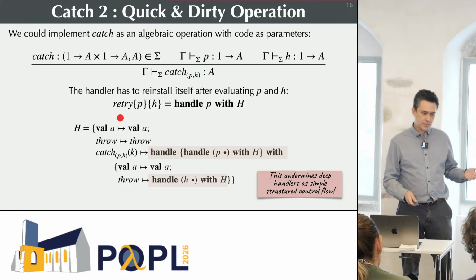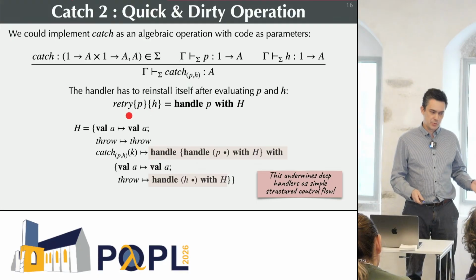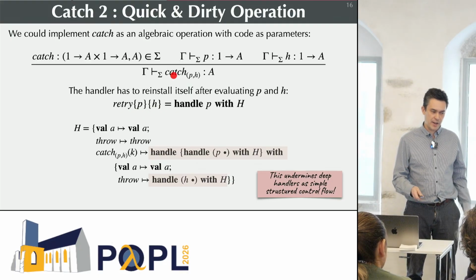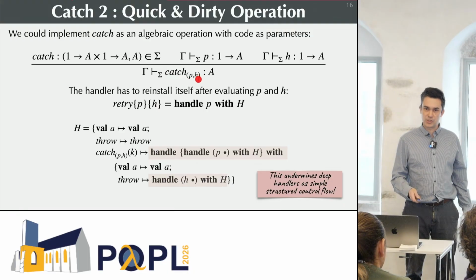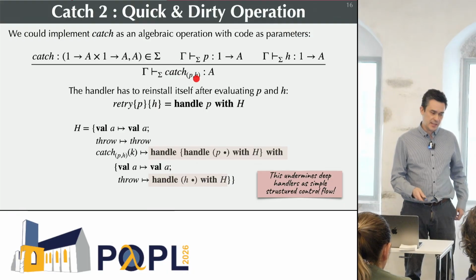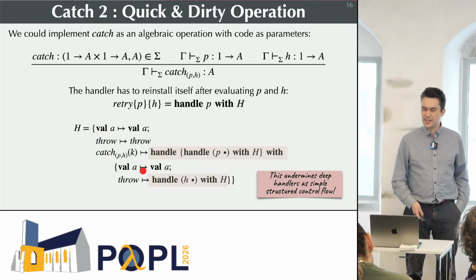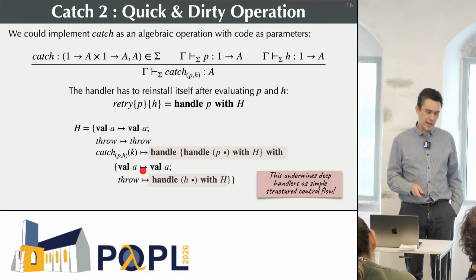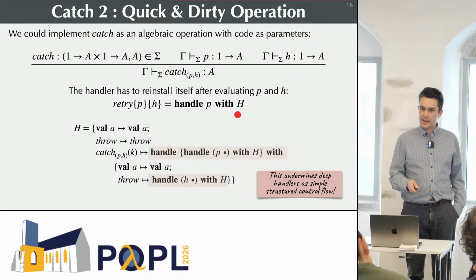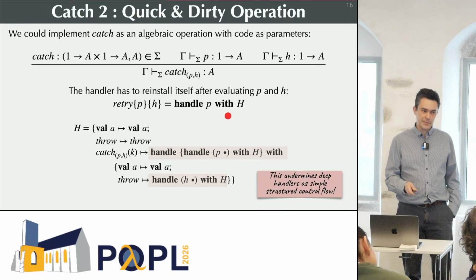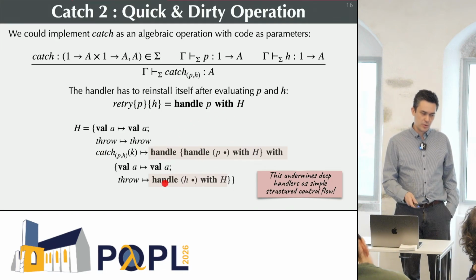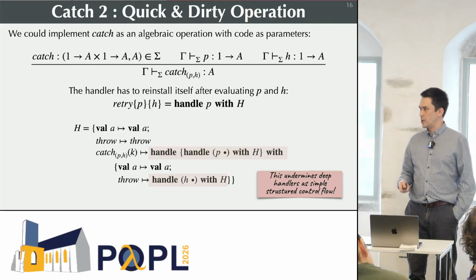The way we might deal with this is to create a new handler called retry, which observes the catch operation, which now has programs as its parameter, and does something like this. Now, I don't really care too much about what this is actually doing. What I want to point out is that in the handling clause, big H here, we are reinstalling various handlers into the subcomputations.